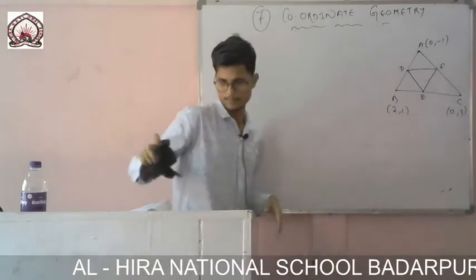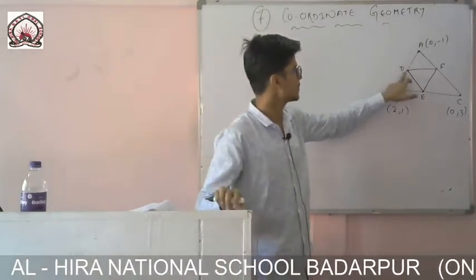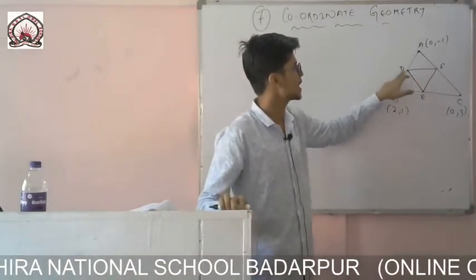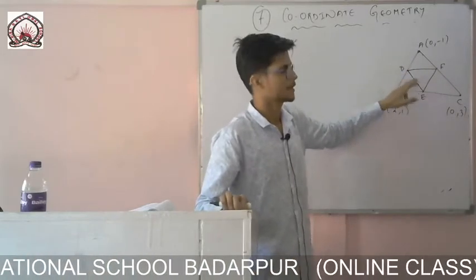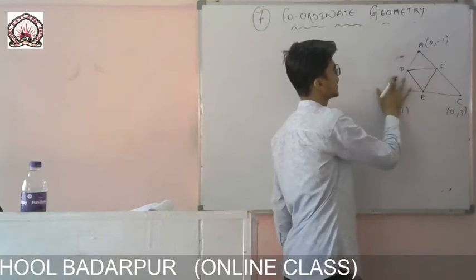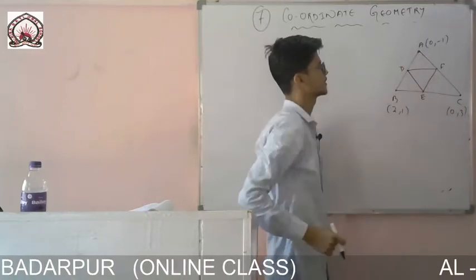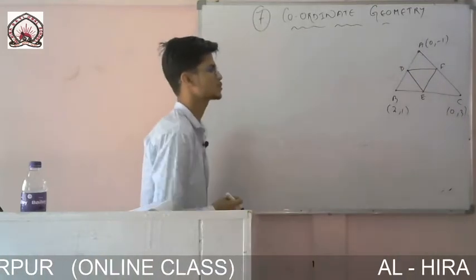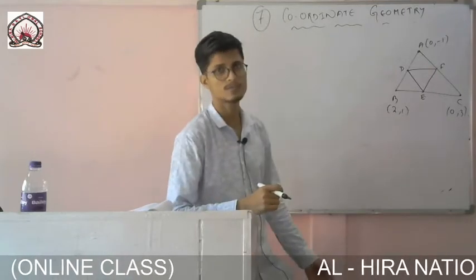And this one is the midpoint, so here I can use the midpoint formula. If this one is divided in the ratio 1:1, so we know the formula. If the ratio is 1:1, then I can use x1 plus x2 divided by 2, y1 plus y2 divided by 2.